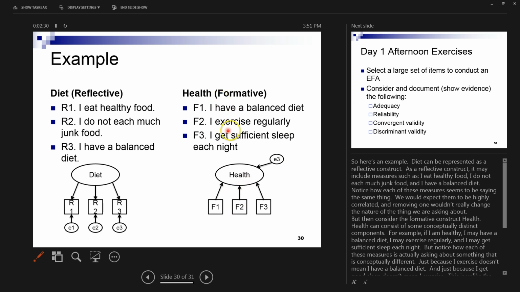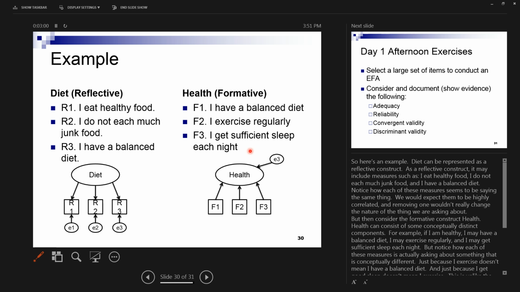Now, these also don't necessarily have to correlate. With these ones, again, if we do one, we probably do the others on the reflective side. Whereas with the formative, if I have a balanced diet, I don't necessarily exercise regularly. Or if I exercise regularly, I don't necessarily sleep well. They're not necessarily correlated.